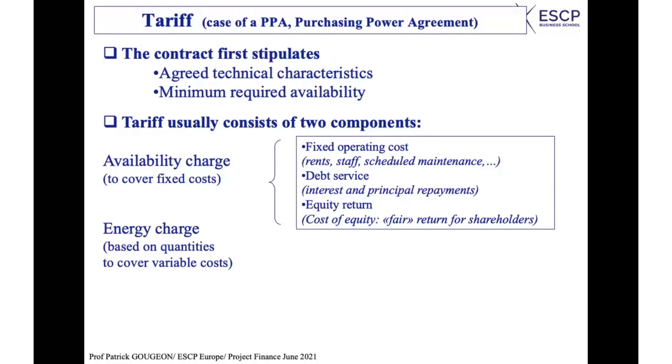Well, indeed, there may be long discussions about what is a fair return. Okay? And indeed, there will be discussions about how you determine the fixed cost and so on, because you can negotiate a reasonable equity return and, let's say, overcharge as a fixed cost level.